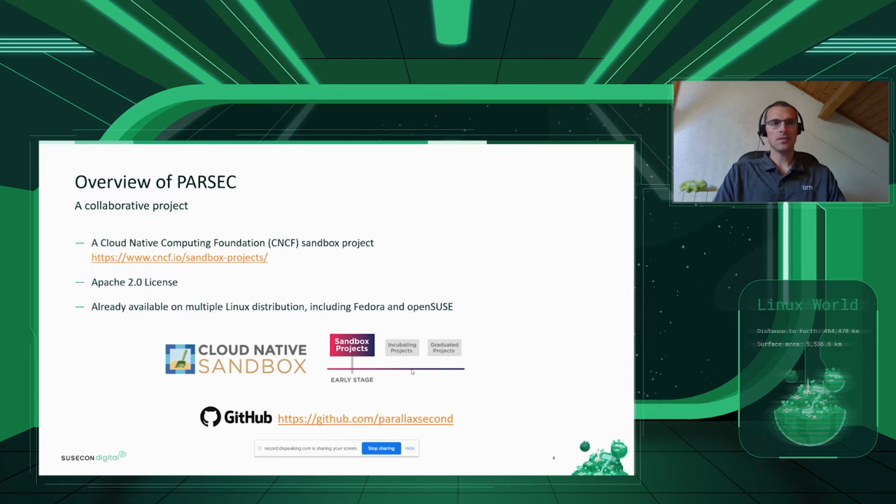It is licensed under the Apache 2.0 license, and it's already available on multiple Linux distributions, including Fedora and OpenSUSE. If you want to have a look at this project, you can go to GitHub, github.com/parallaxsecond.